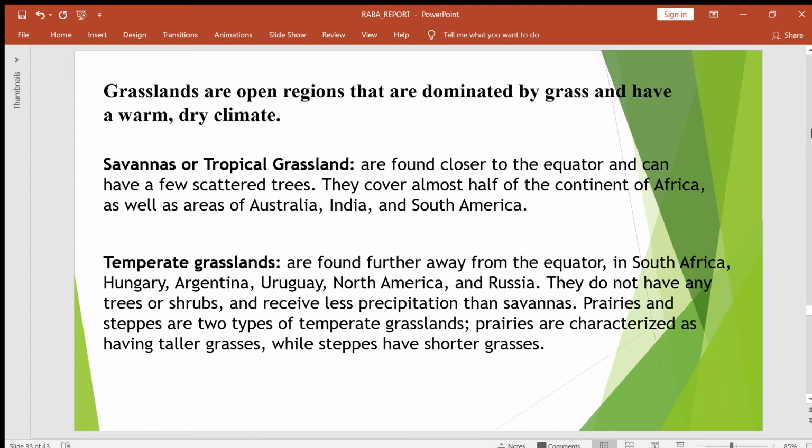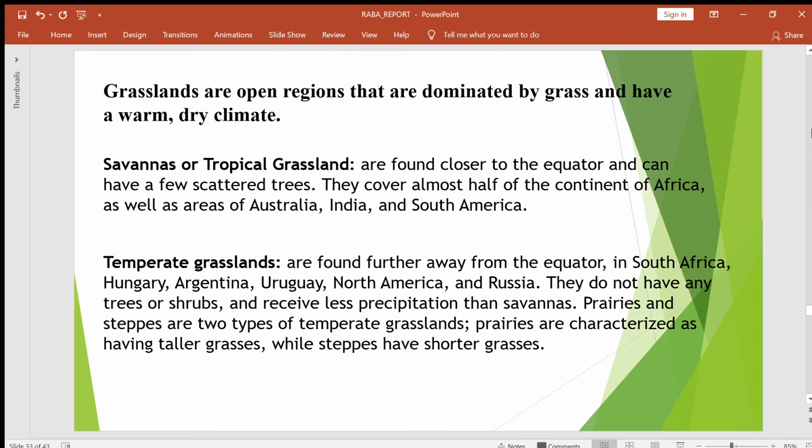They cover almost half of the continent of Africa, as well as areas of Australia, India, and South America.